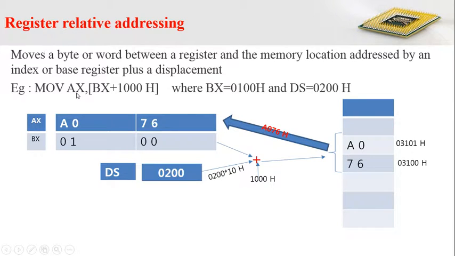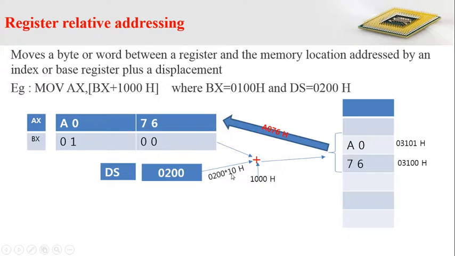Here we need to transfer data from this particular location inside a data segment to register AX. Suppose we have register BX with the value 0100 now, and the data segment register is assumed with a value of 0200H. Okay, so calculate the exact physical address using this information.